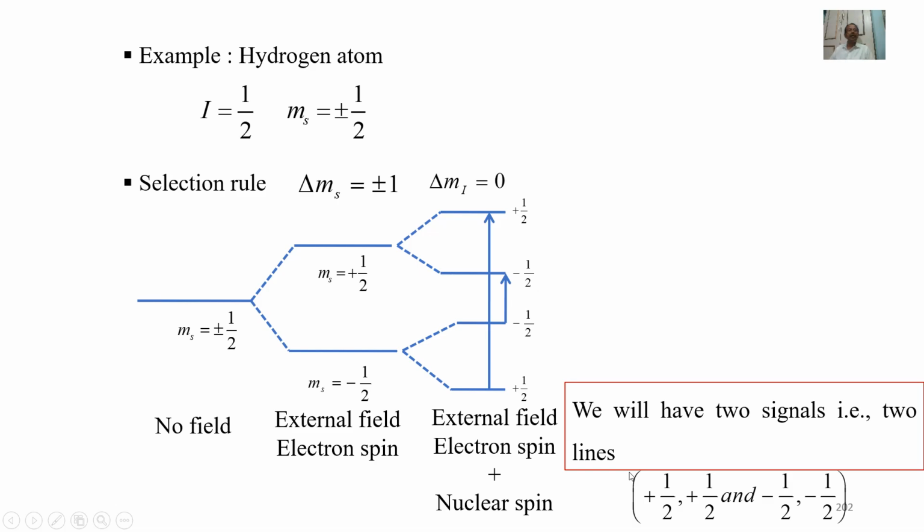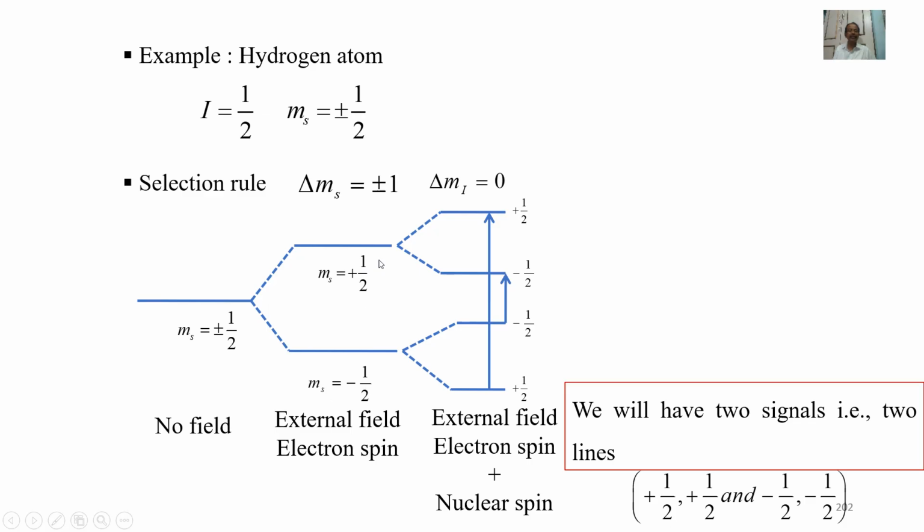And the corresponding picture for the hydrogen atom hyperfine splitting is given for I equals 1/2, with Ms equal to plus or minus 1/2. So we have the selection rule ΔMs equal to plus or minus 1 and ΔMI equals 0. A degenerate level is split into Ms equals plus 1/2 and Ms equals minus 1/2, low energy and high energy.